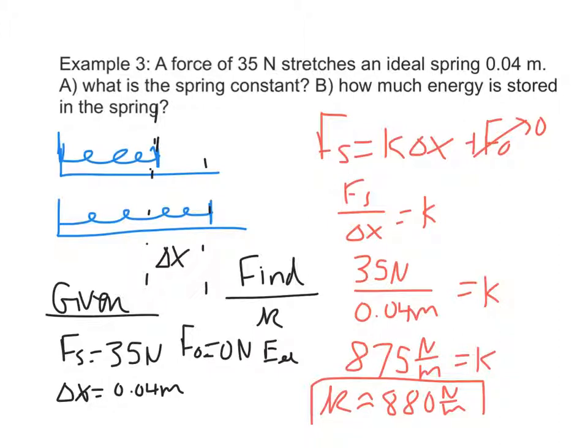Simple enough. Part B, sorry about that. Part B is asking for how much energy is stored in the spring. So this is our elastic potential energy, EEL, which equals 1/2 K delta x squared. Ideal springs, we can just stop here again because there is no spring preload.